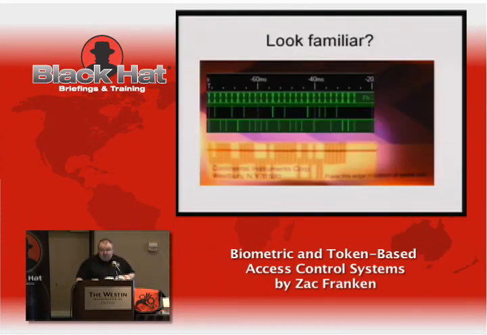And it looks remarkably familiar to what you see here. Now, the trace on the top isn't actually of this card, but when you line them up, you see that this protocol basically stemmed out of the actual physical card reader itself.